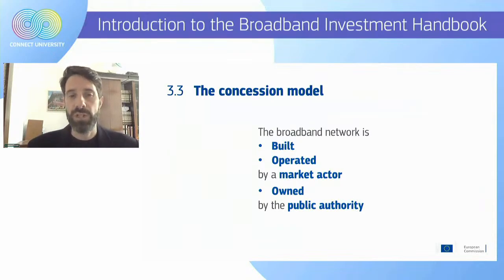What we mean here by concession model is this concept that the network is owned by the public authority and it is built and operated by a market actor. The details of this can be different, and in some cases it does not classify as concession in the legal sense of the term in certain jurisdictions, but we mean this concept when we talk about concession model in the guide. Next.